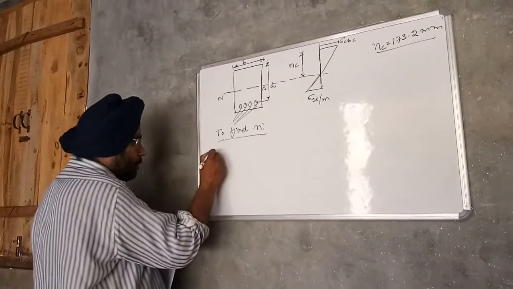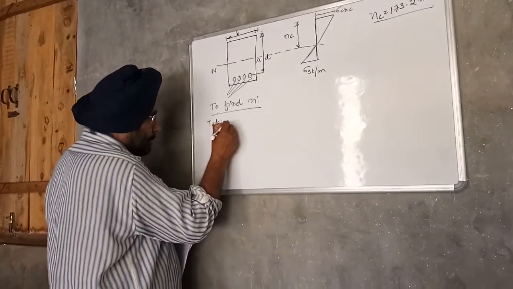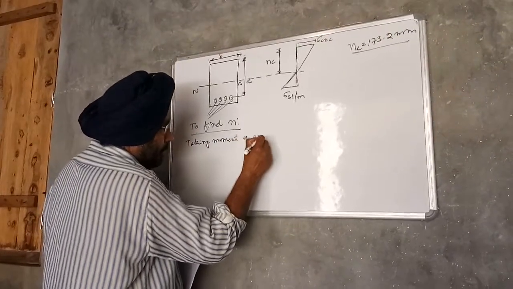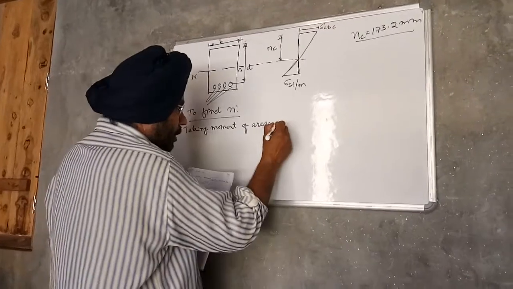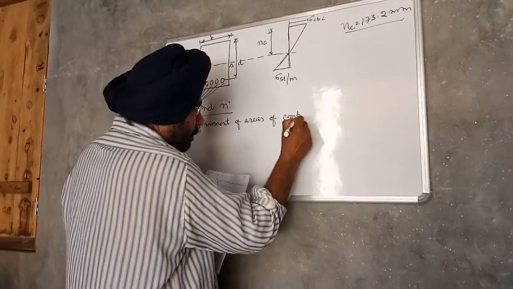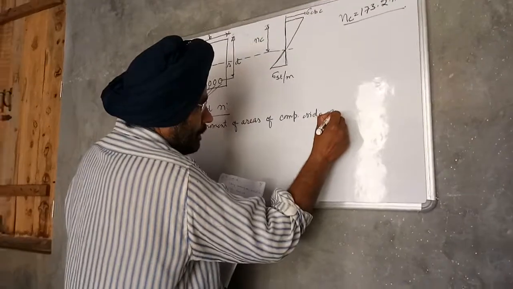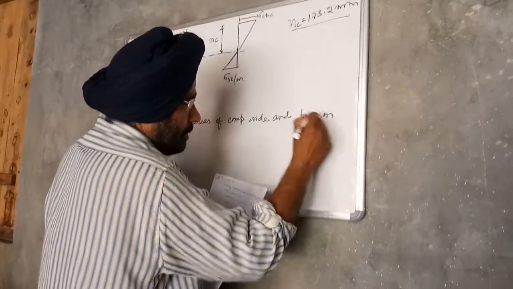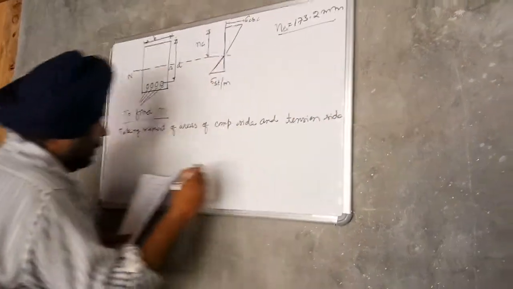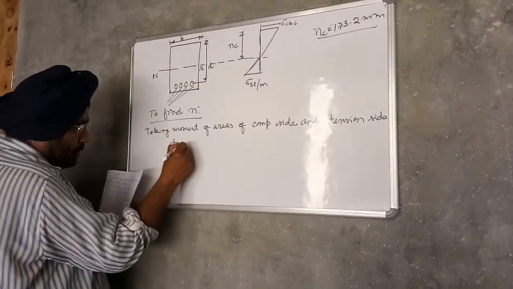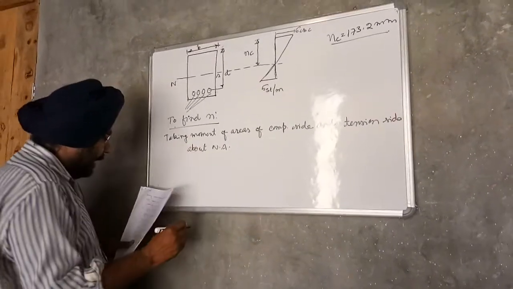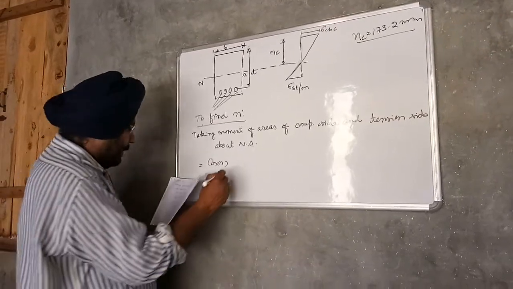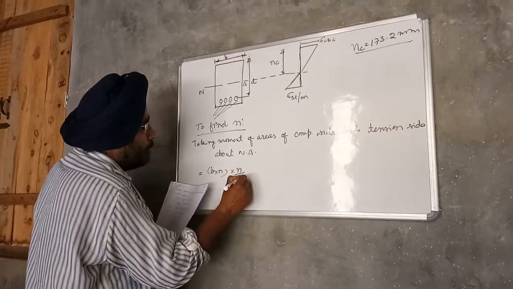So taking moment of areas of compression side and tension side about the neutral axis, we get: area of compression is B into n, and this area lies at a distance of n by 2 from the neutral axis.